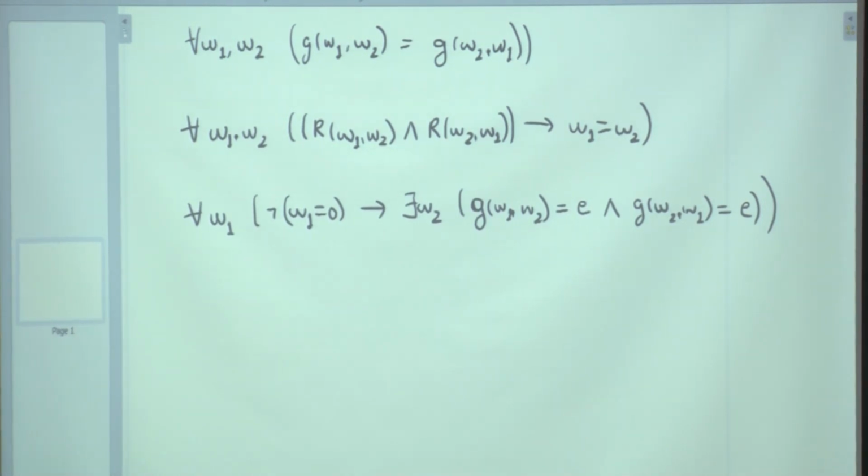Multiplicative inverse, in an appropriate language. Oh sorry, I made a slight error here. I should not be writing 0, I should be writing C.